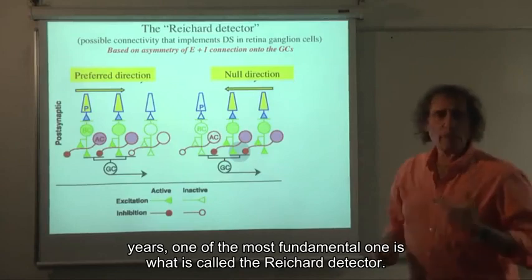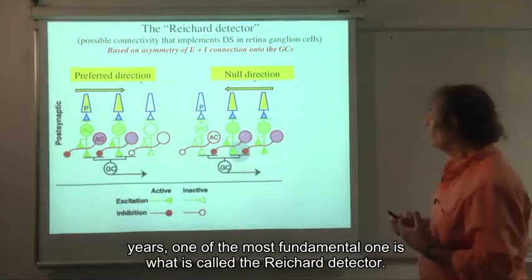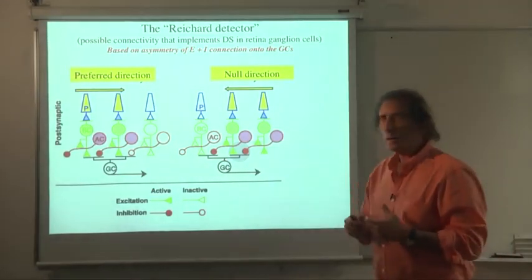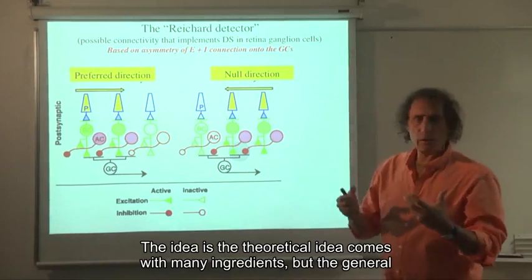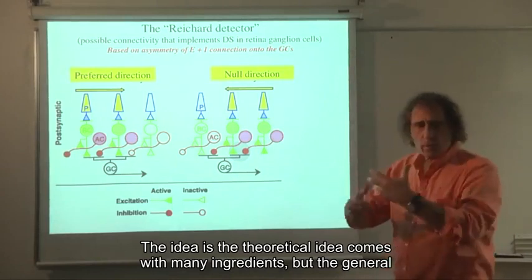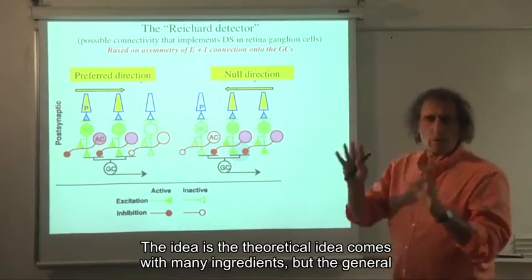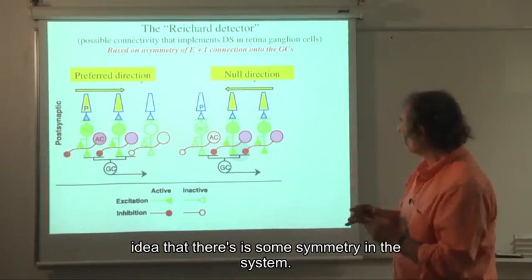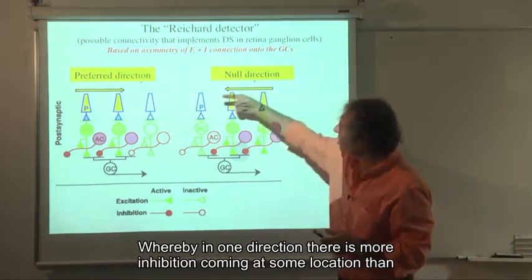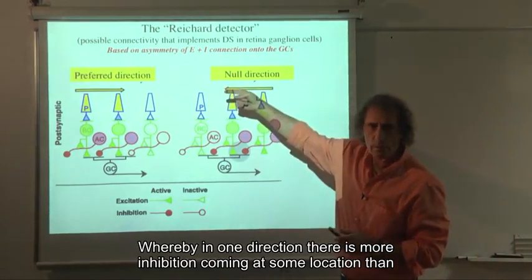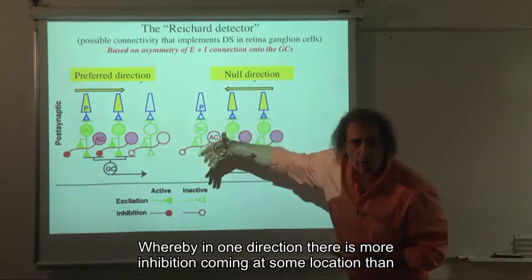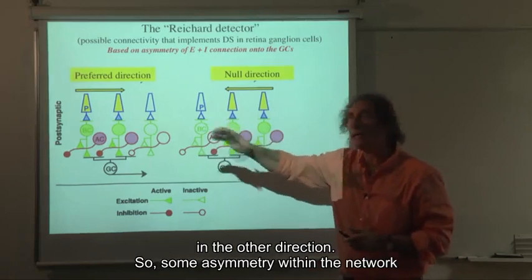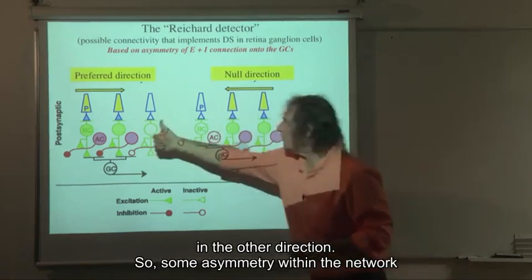One of the most fundamental ones is what is called the Reichardt detector. The idea is a theoretical idea. It comes with many ingredients, but the general idea is that there is some asymmetry in the system, whereby in one direction there is more inhibition coming at some location than in the other direction.